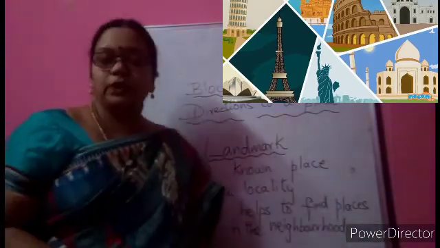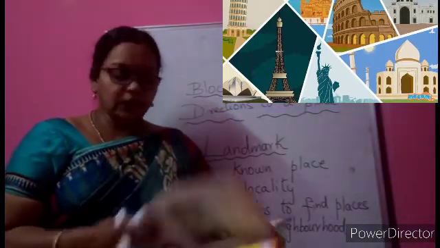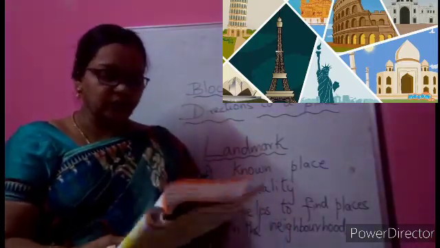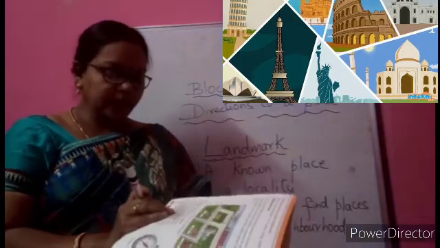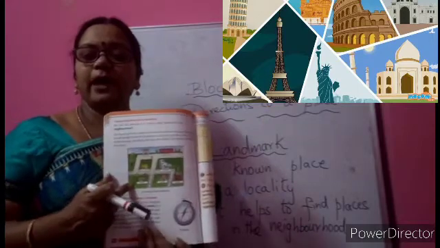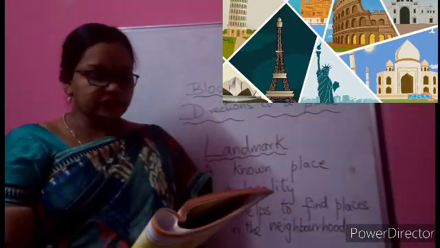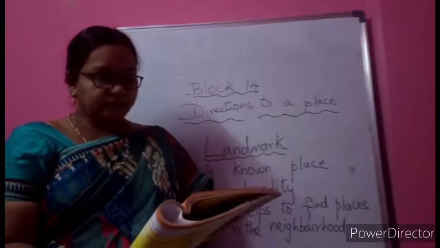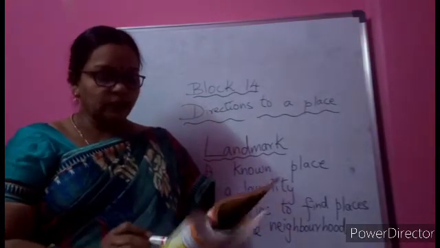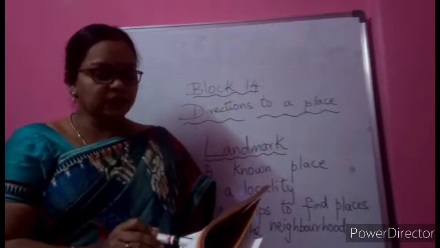Today the activity is in the workbook only. So you can take out your textbook. On page number 90, they have given you one map. You can see a map showing a post office, fire station, police station, then a child's home, school, hospital, library. Different places are there near to the child's home.